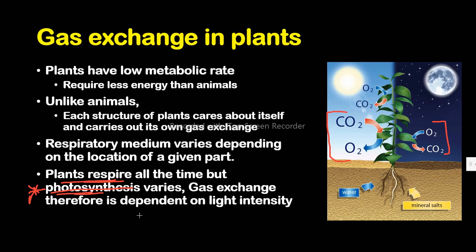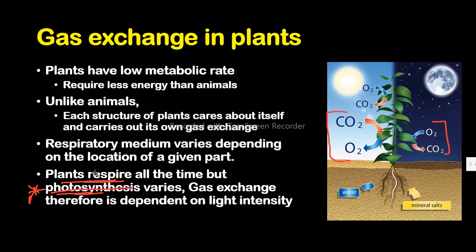So the plant is going to take in oxygen, because the rate of respiration is high. So you produce carbon dioxide and you won't use it. And it cannot accumulate in your cells. Why? It will vary the pH of the surroundings, which will affect it. So the carbon dioxide must be given out.